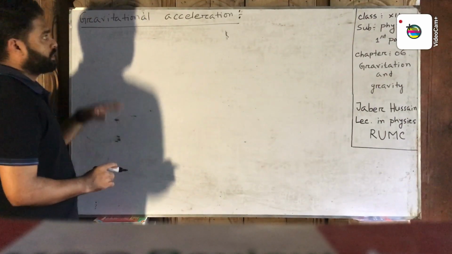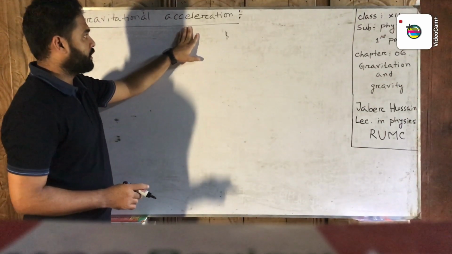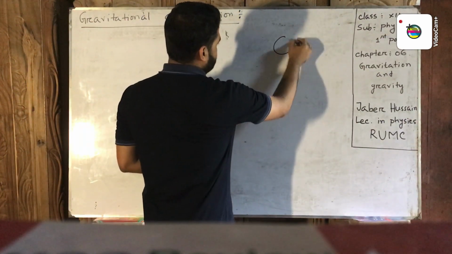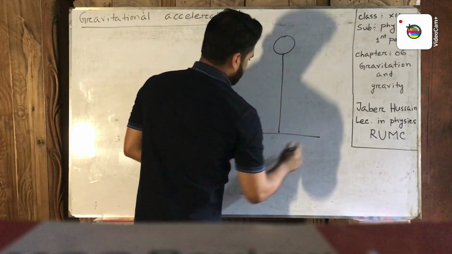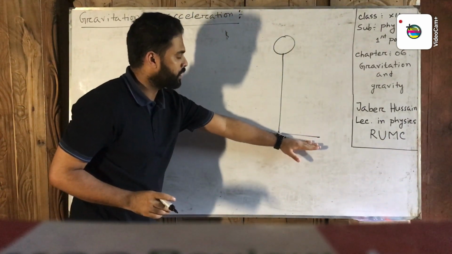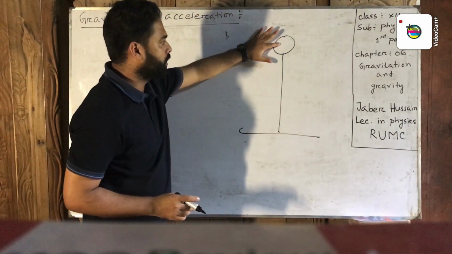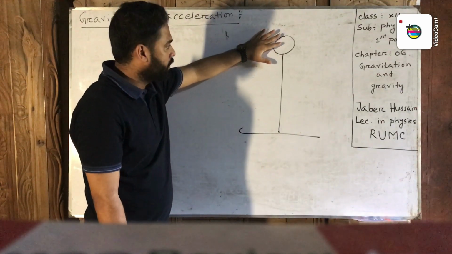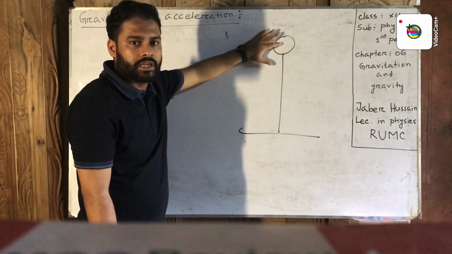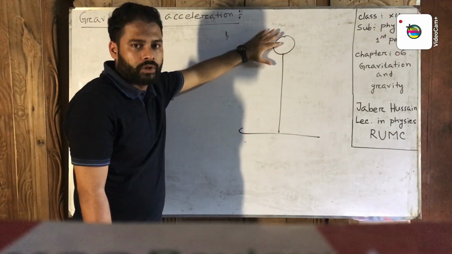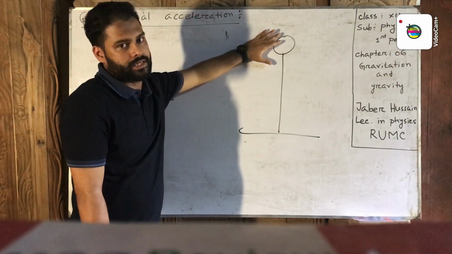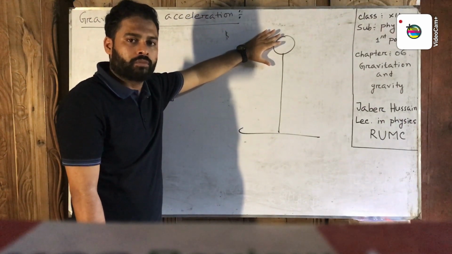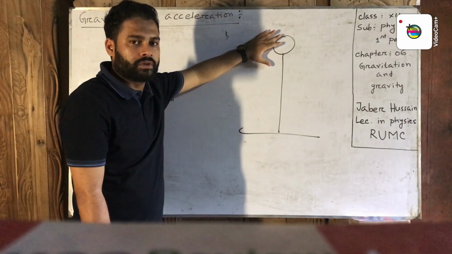Now, what is gravitational acceleration? Gravitational acceleration means when the object is falling down freely towards the ground surface, the rate of change of velocity for a falling body is called gravitational acceleration.